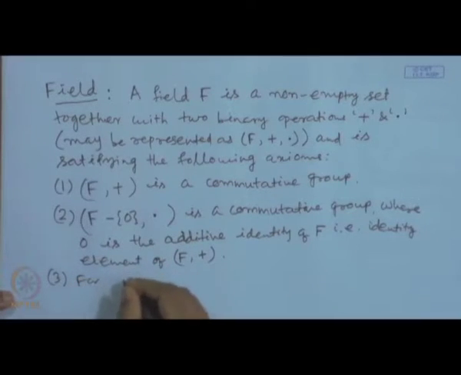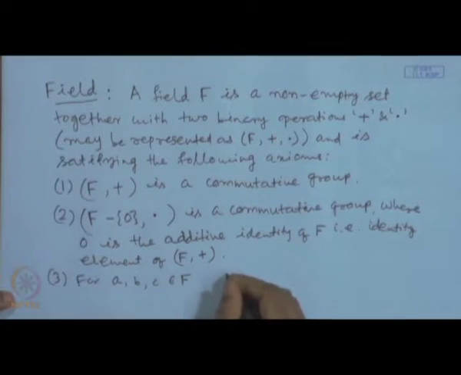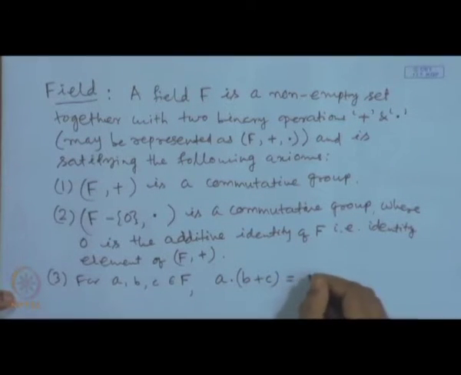For any three elements A, B, C in F, A dot (B plus C) is equal to A dot B plus A dot C. In other words, this dot operation is distributive over addition. This is called distributive law.